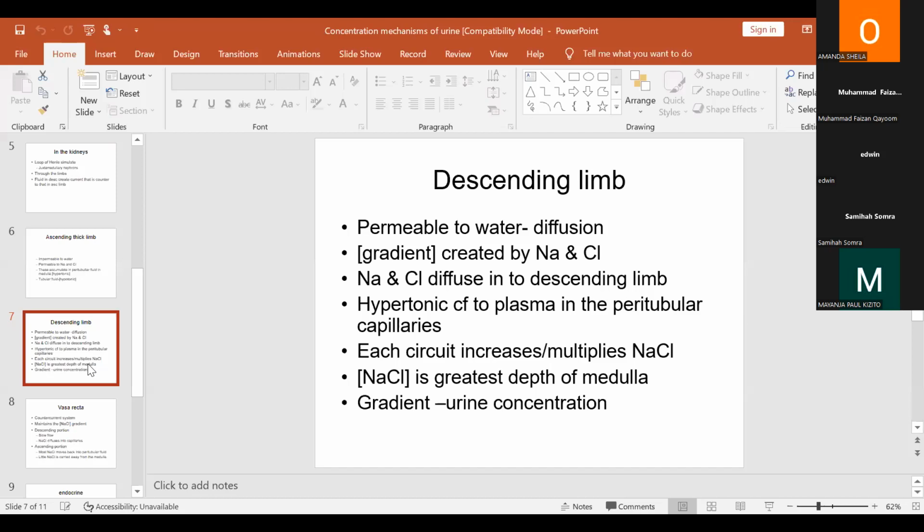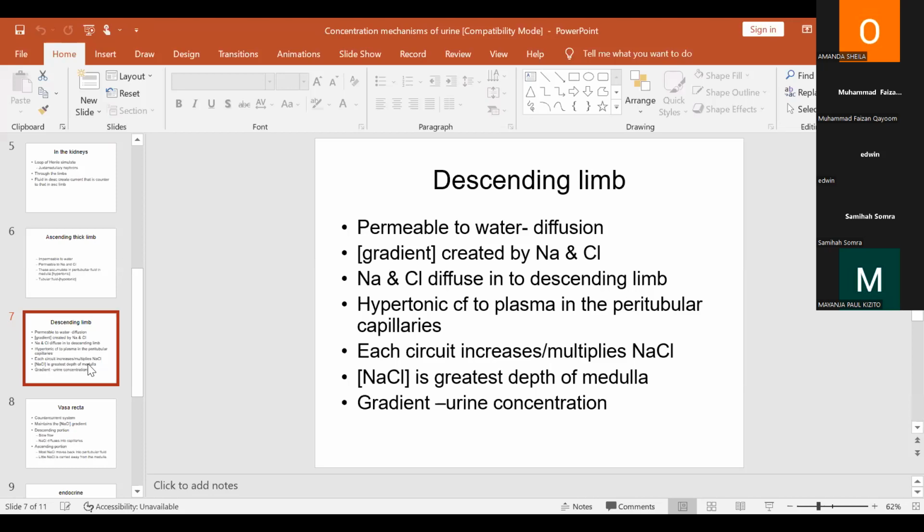So if you're asked, what is the main function, the main goal of the countercurrent multiplier, because there are two systems?